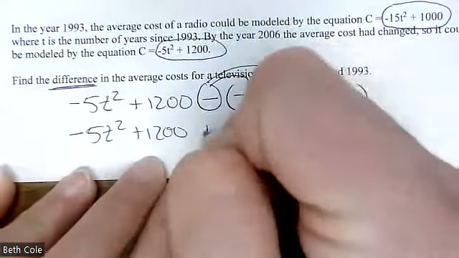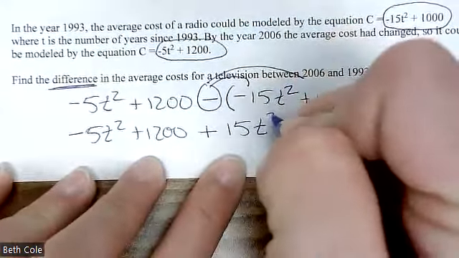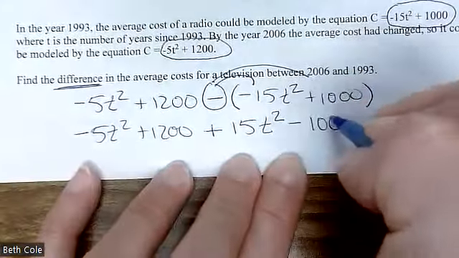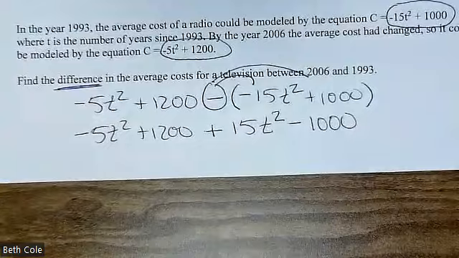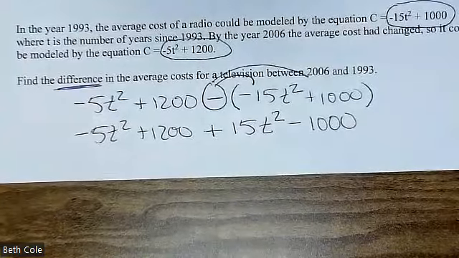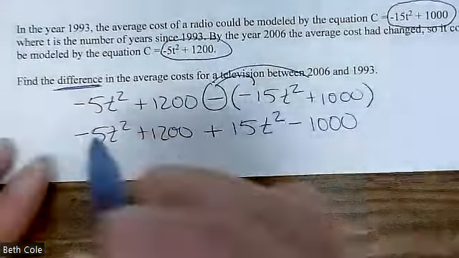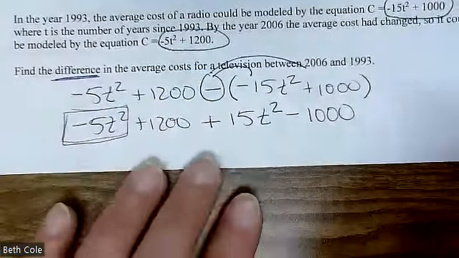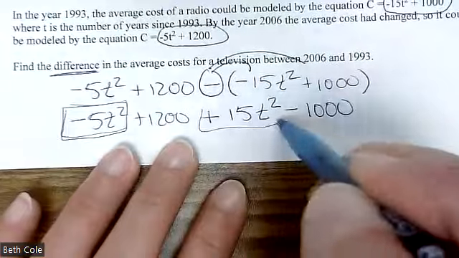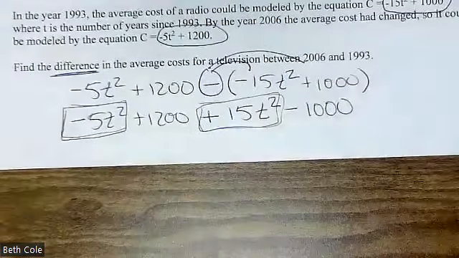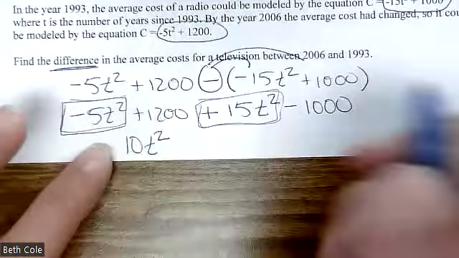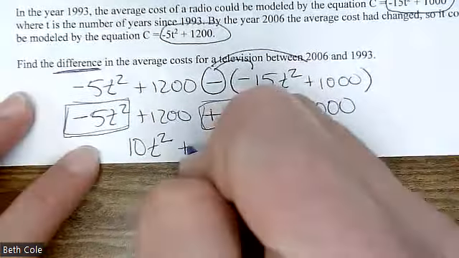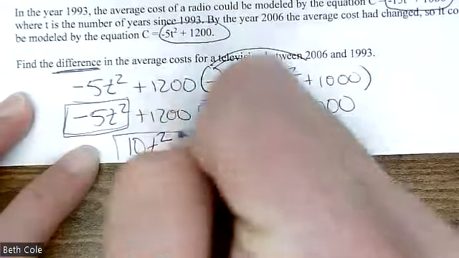So that will give you plus 15t squared and then minus 1,000. And then you'll put the like terms together. What's going to go with the minus 5t squared? Yeah, the 15, okay, so what will that be together? Yeah, 10t squared, and then you have 1,200 minus 1,000, which would be 200, and that's your final answer.